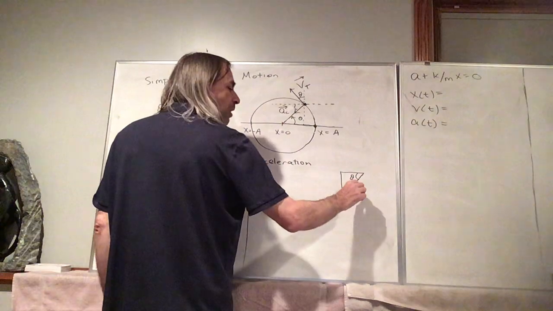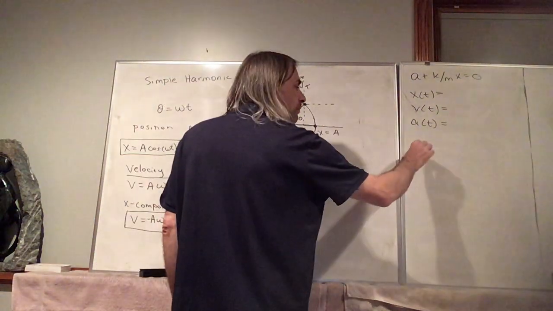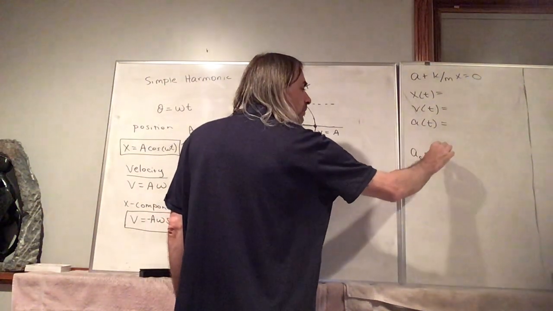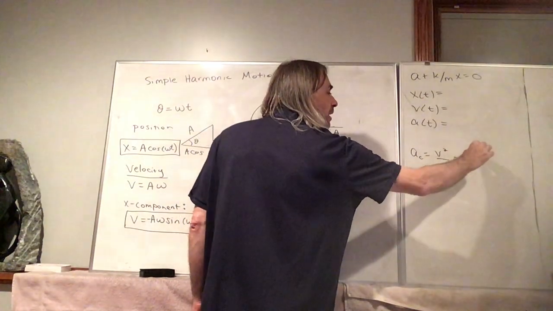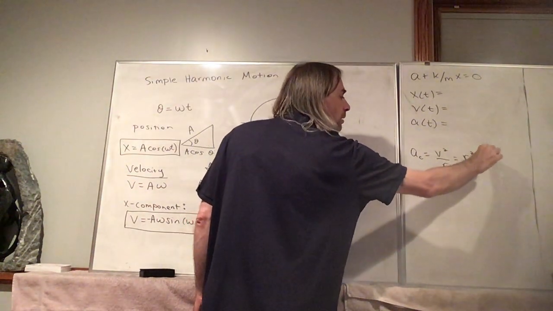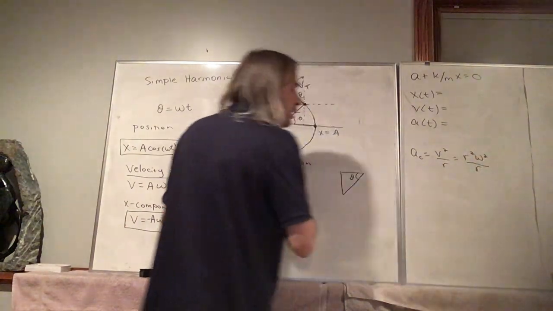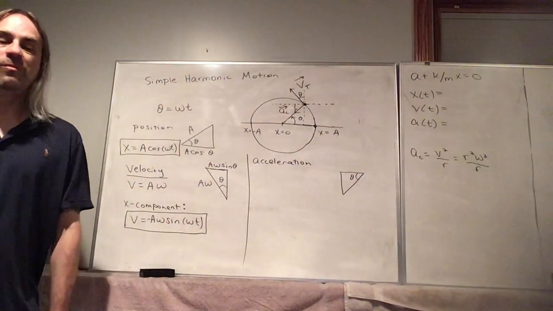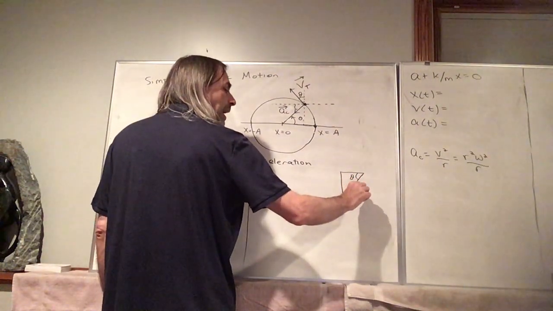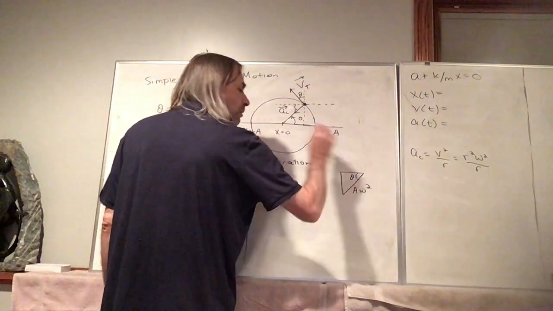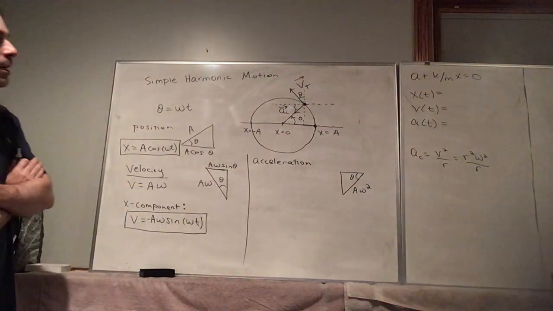Remember, for acceleration, basically we have v squared over r, where v is r omega. So the acceleration is r omega squared. The radius in this case is a. So that's what we have for acceleration.